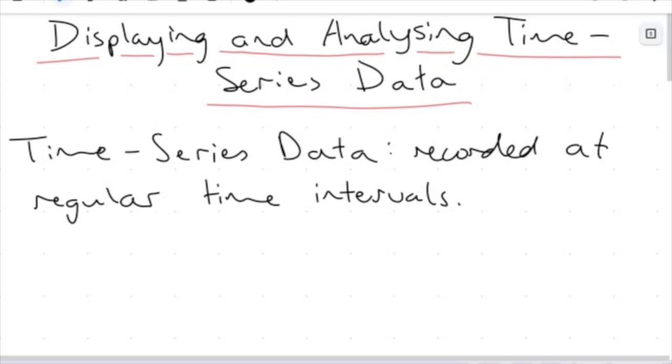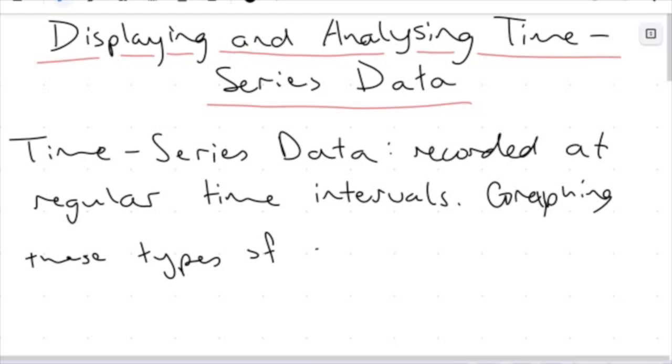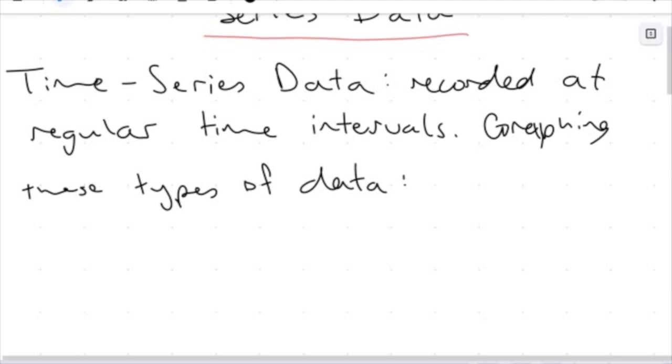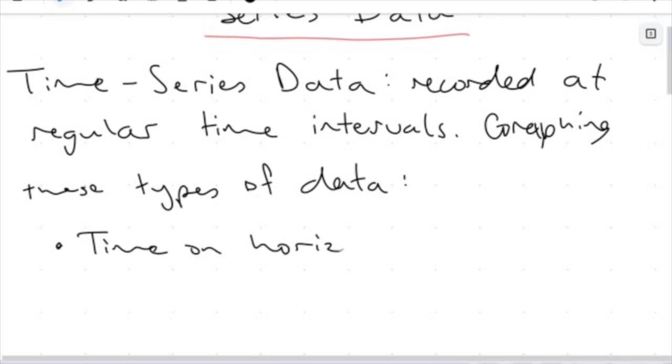So when we want to graph these types of data, the way we plot it is we have our time on the horizontal axis, or the x-axis, and then we have our variable, the thing that changes.